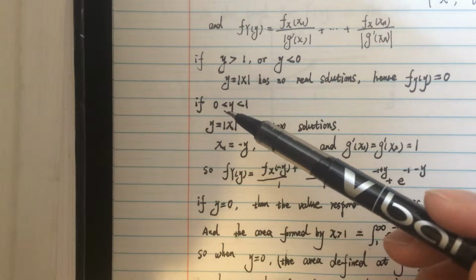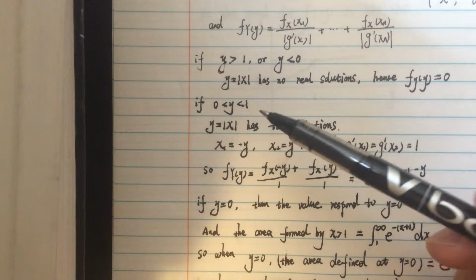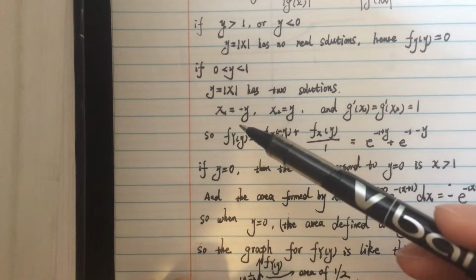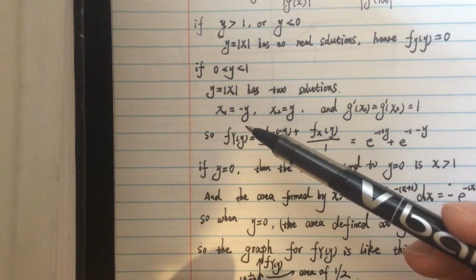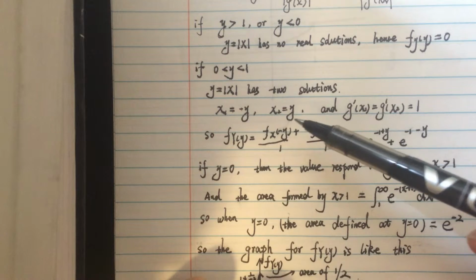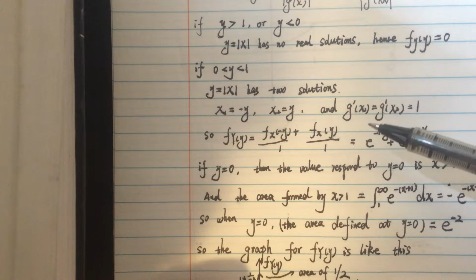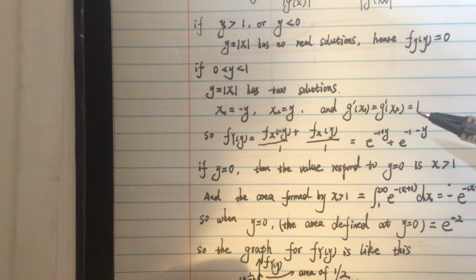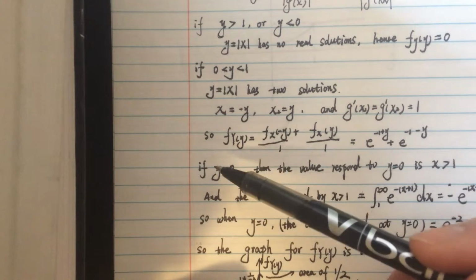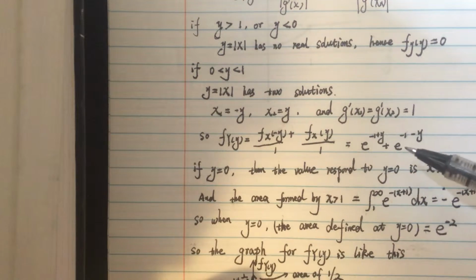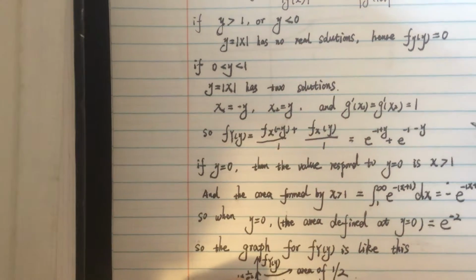Then if y is larger than 0 and less than 1, this equation has two solutions, x1 equals -y and x2 equals y, and the derivative of g(x1) equals the derivative of g(x2) equals 1. So f_Y will equal this, and then the result is e^(2-(-y+1)) plus e^(2-(y+1)).